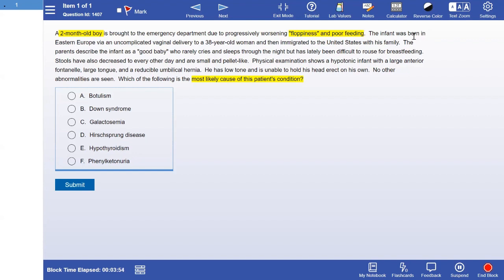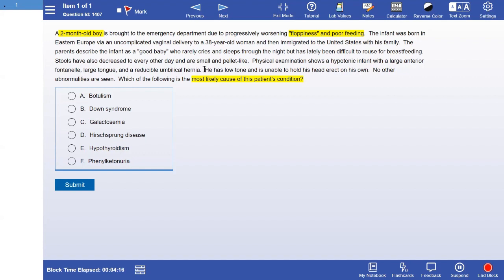The infant was born in Eastern Europe via an uncomplicated vaginal delivery to a 38-year-old woman, and then immigrated to the US with his family. I do not think that this line provides us with any of the important information required to answer this question.